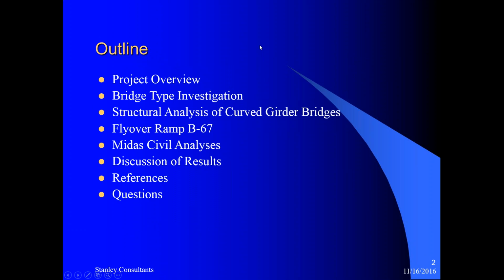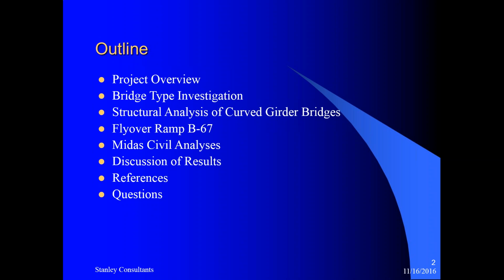The outline of the presentation will be a brief overview of the project and the bridge type investigations that were conducted for the best type of bridge structure for this particular project site.